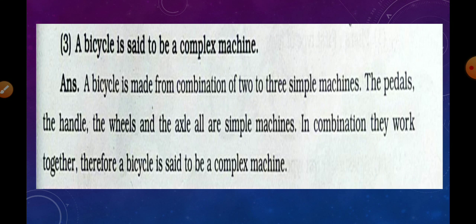The pedals, the handle, the wheels and the axle are all simple machines. In combination, they work together. Therefore, a bicycle is said to be a complex machine. Then next question.